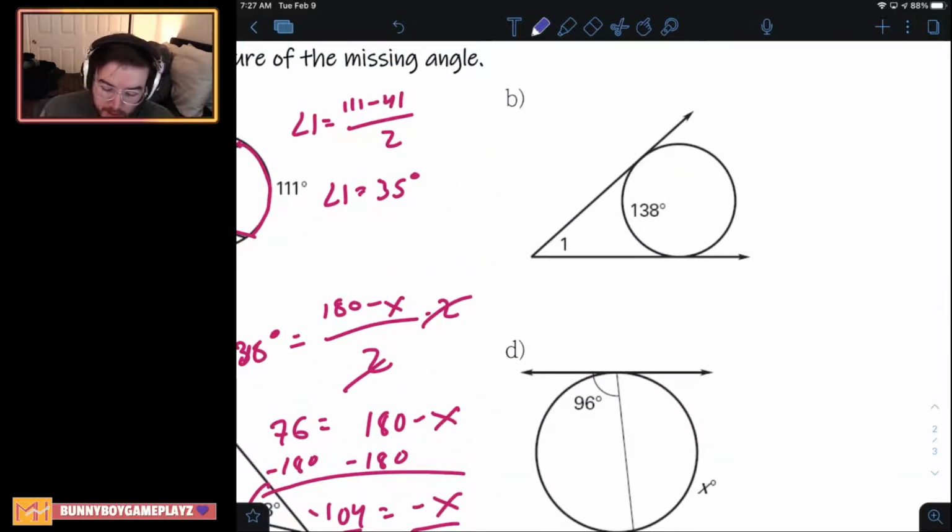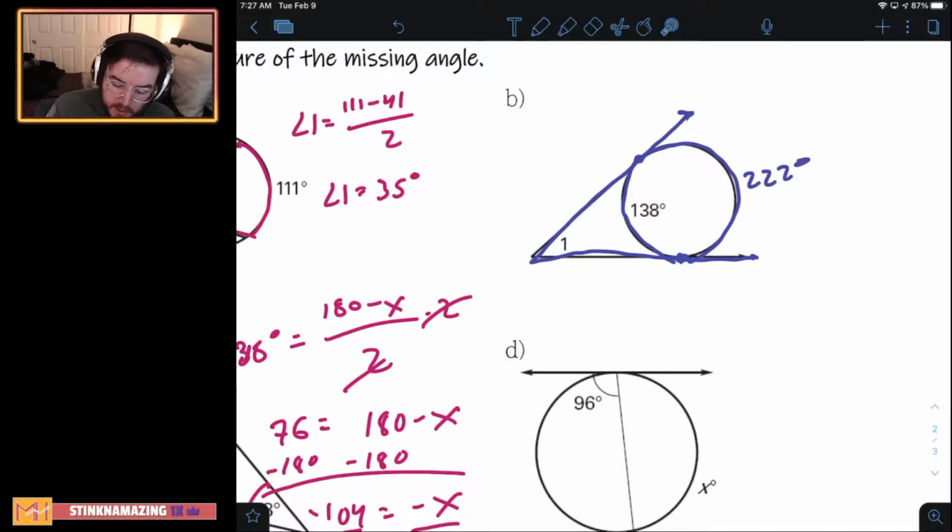So this one's interesting. These rays are tangent to the circle. So if this is 138, well, this arc is the rest of the circle. So what's 360 minus 138? 222.